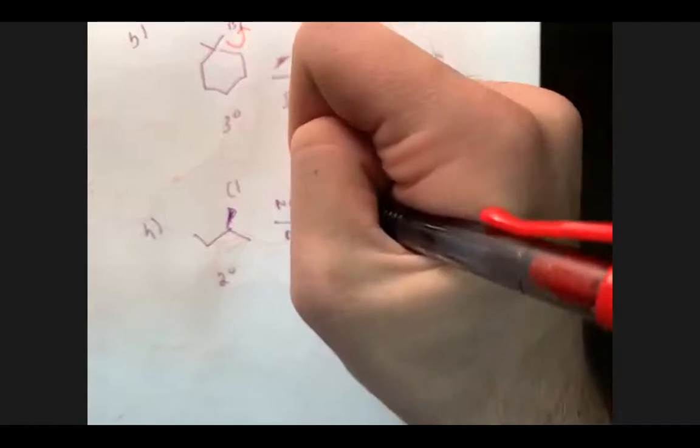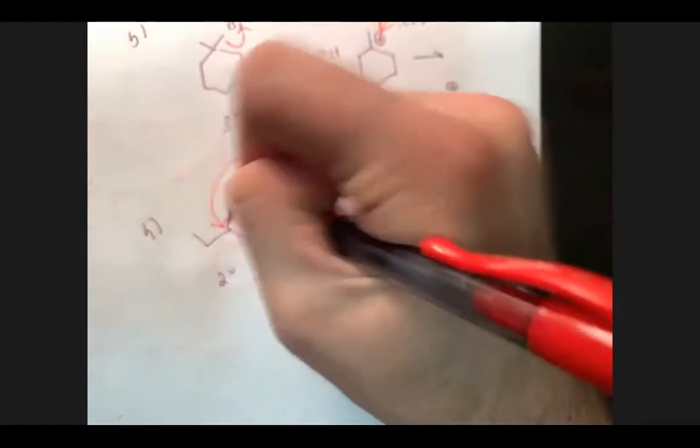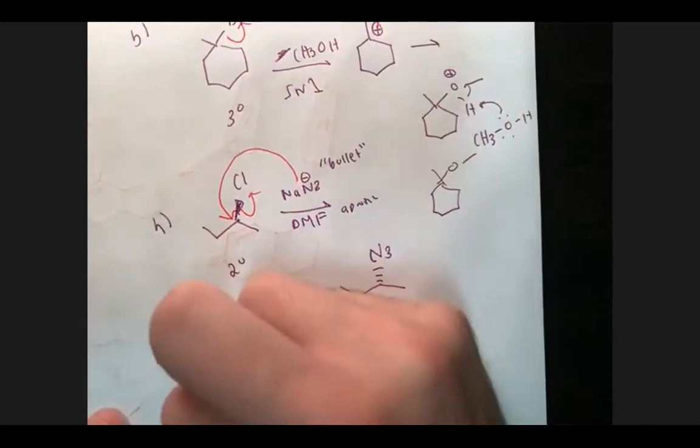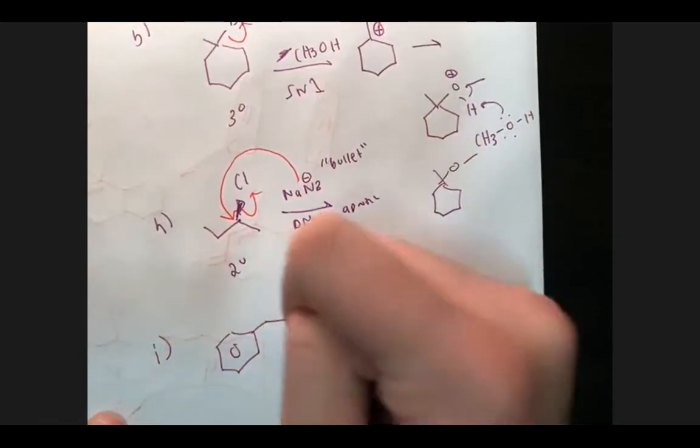So I'm thinking azide's gonna come in and kick off the chlorine. Remember, the wedge face was sterically hindered, so the azide comes in on the back face. Something to note: with SN1 pathways, you typically get racemic mixtures, but with SN2 pathways, you typically get one singular enantiomer, and specifically it's the opposite configuration of your starting material. Let's look at an example for I, a benzylic bromide.